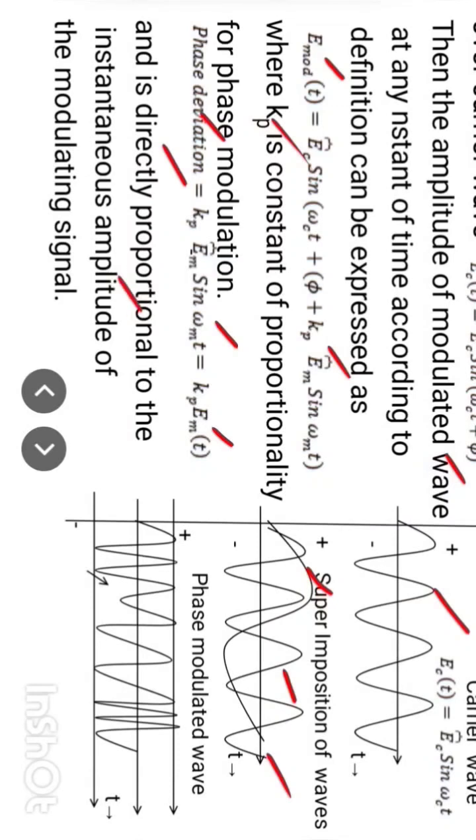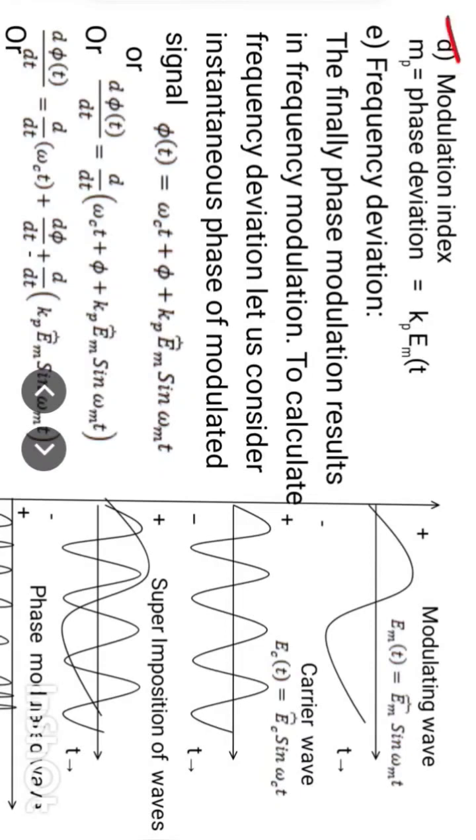Now D, modulation index for phase modulation, which is Mp. It is equal to phase deviation, which is equal to Kp Em(t). Thus, modulation index for phase modulation is Mp equal to Kp Em(t).